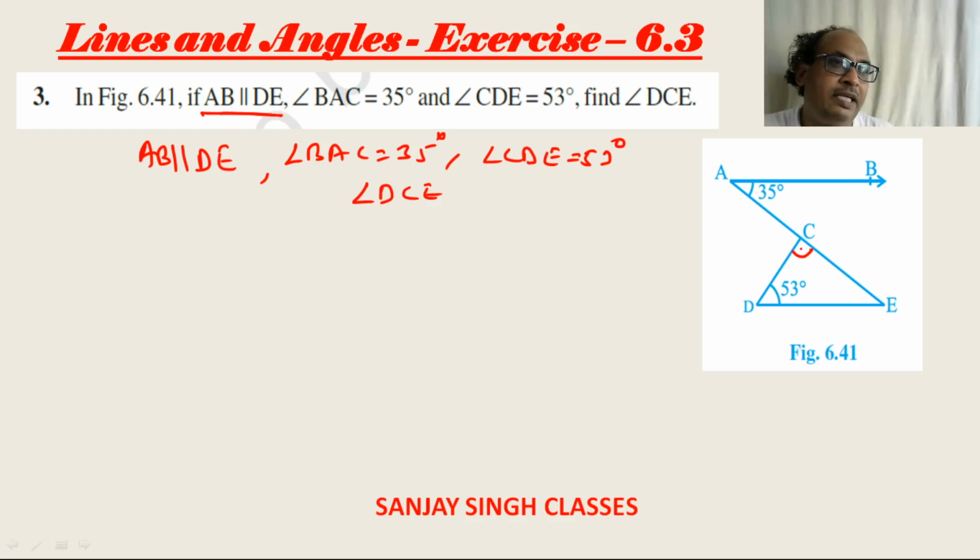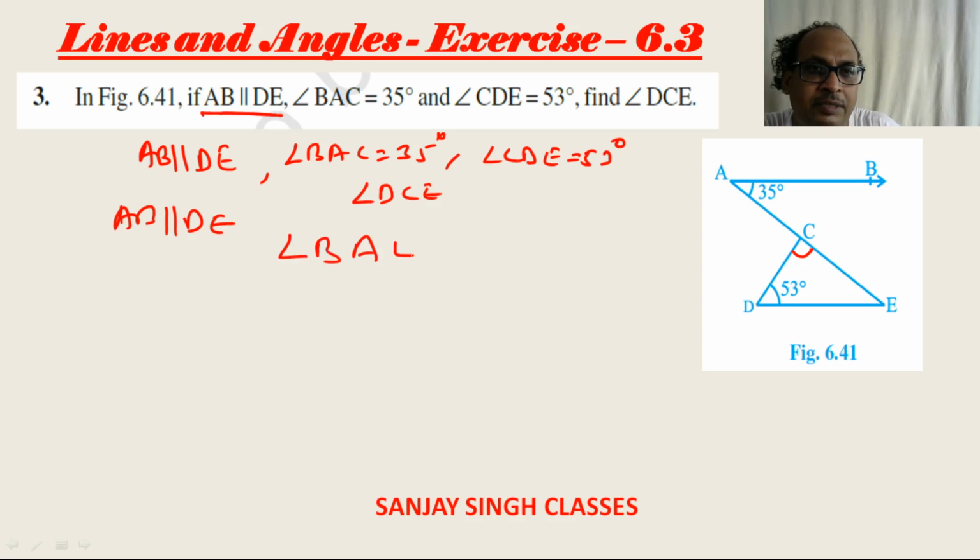So as AB is parallel to DE, angle BAE is equal to 35 degree, which is equal to angle AED.